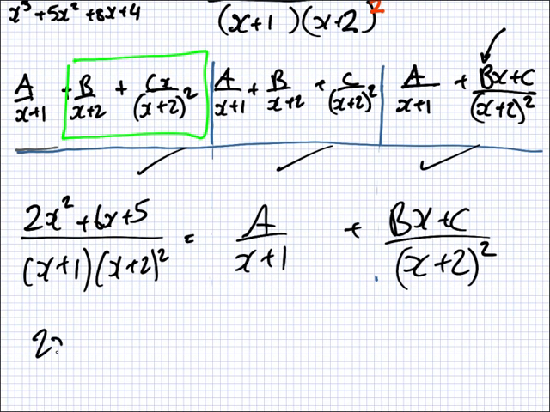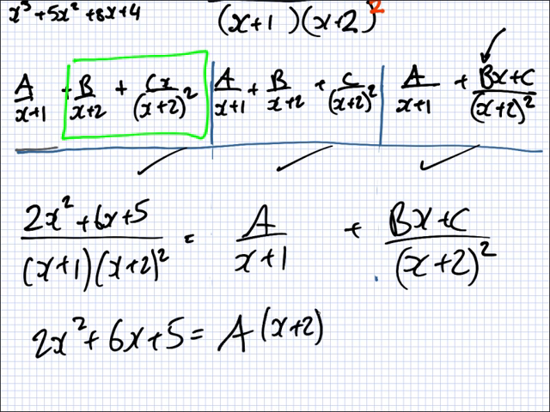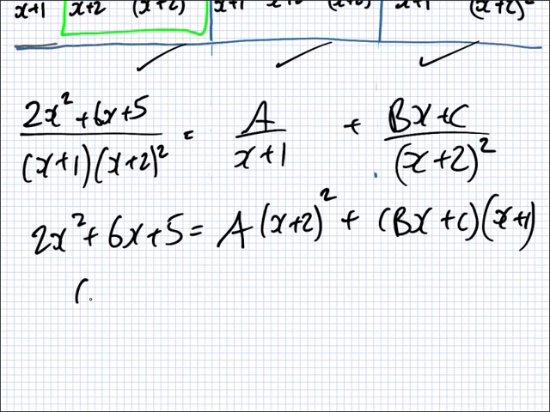So we'll get 2x squared plus 6x plus 5 equals A times (x plus 2) squared plus (Bx plus C) times (x plus 1). Okay, so who can tell me what I should choose for x? Choose x equals what to start? Any ideas?